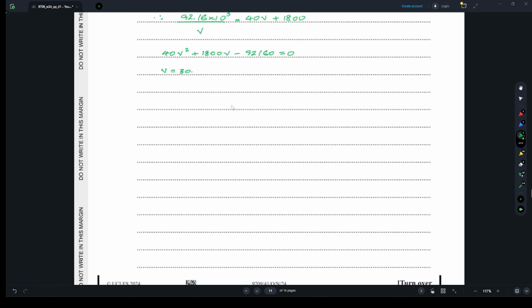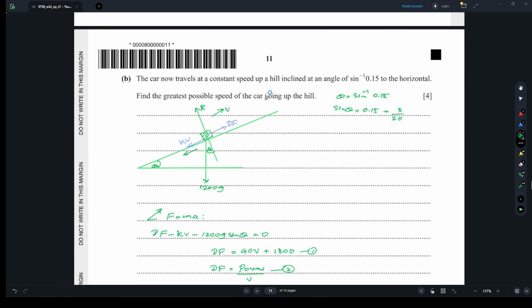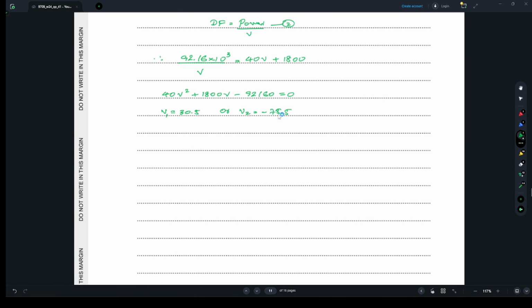One is 30.5, let's say V1, and V2 is minus 75.5. Here, if we consider a negative value, then that means our direction is wrong, because we considered the movement direction is upwards. If we consider negative, it's downwards, right?